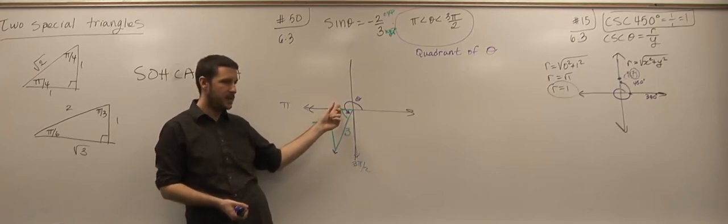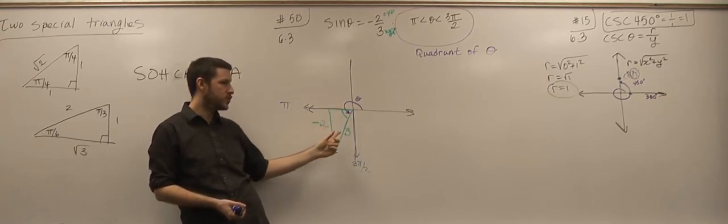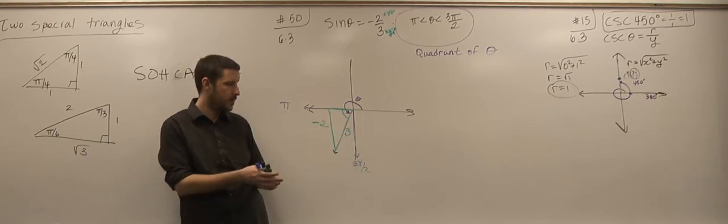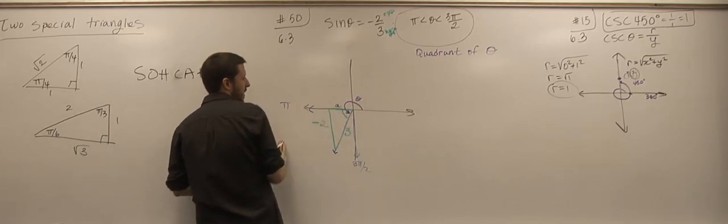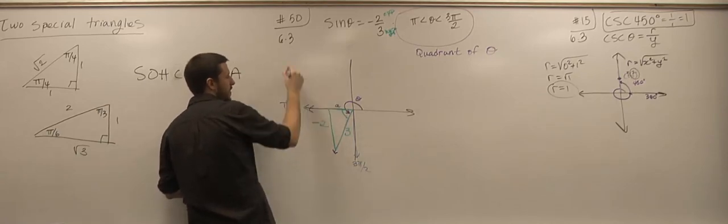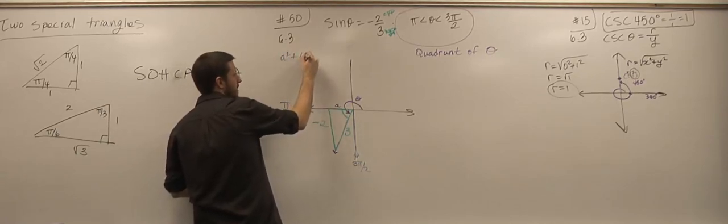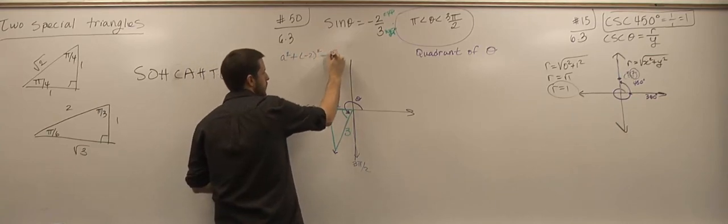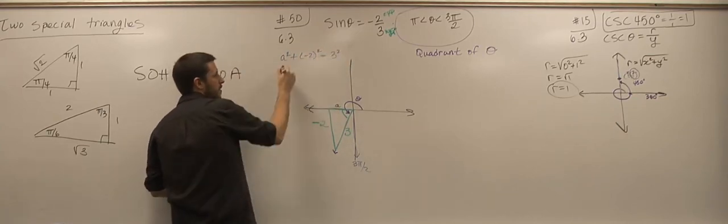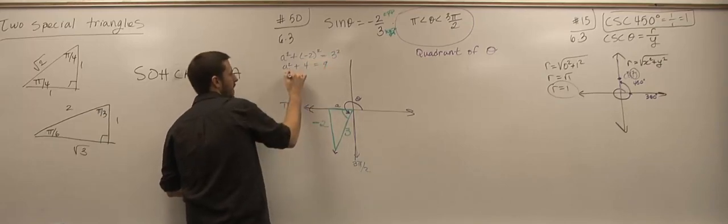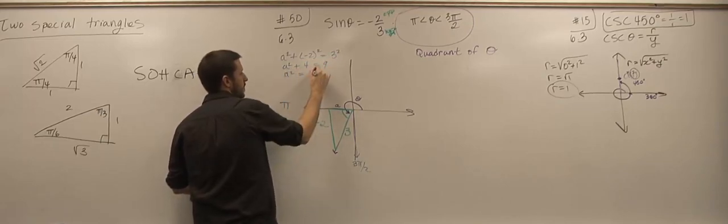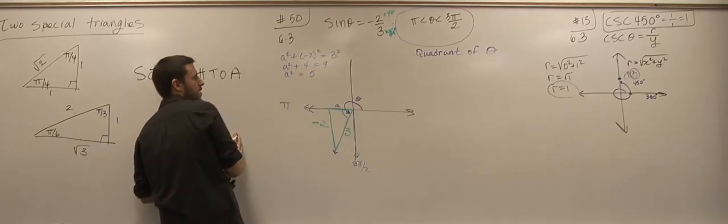So this is like a. You're going to do a squared plus negative 2 squared equals 3 squared. If you're solving for this, call it a for a second, you have to calculate a squared plus negative 2 squared equals 3 squared, or a squared plus 4 equals 9, or a squared equals 5 if you subtract.